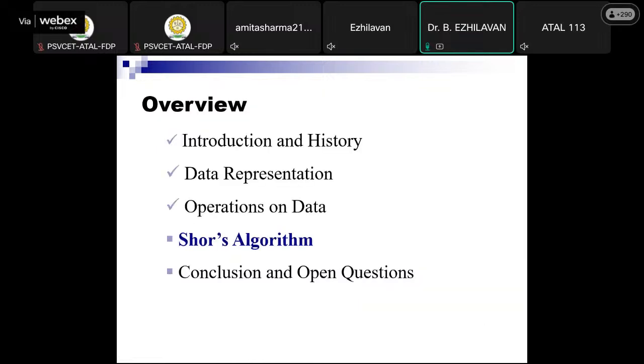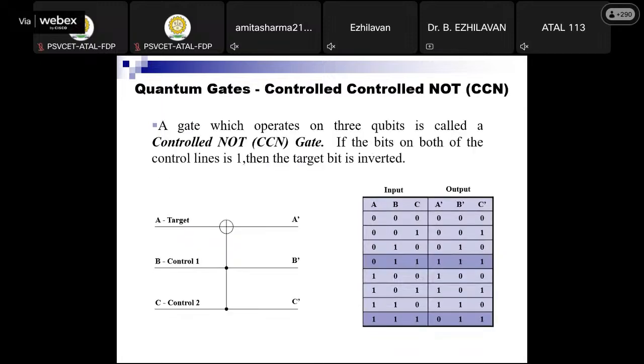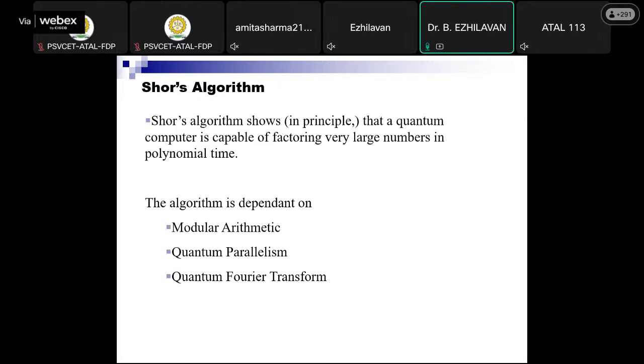Next we move to Shor's algorithm. If you understand this, it will be easy to understand Shor's algorithm. While we are going for Shor's algorithm, we should know factoring.